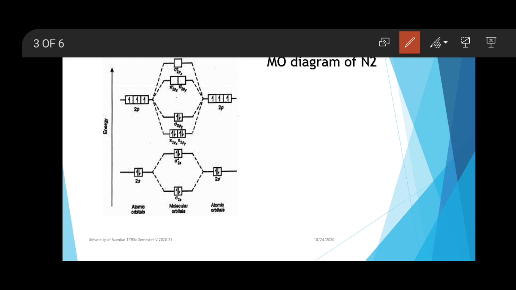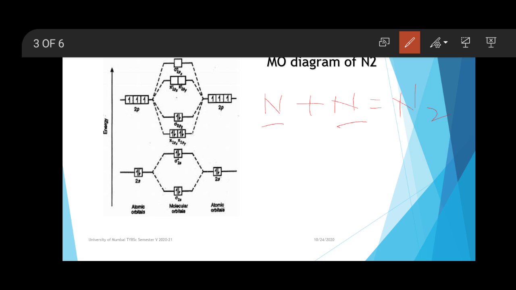It is formed by the combination of 2 nitrogen atoms, N plus N. For the N2 molecule, the 2 nitrogen atoms have the same energy and the same electronegativity, resulting in formation of the N2 molecule. Before drawing the MO diagram, you should first know the electronic configuration.